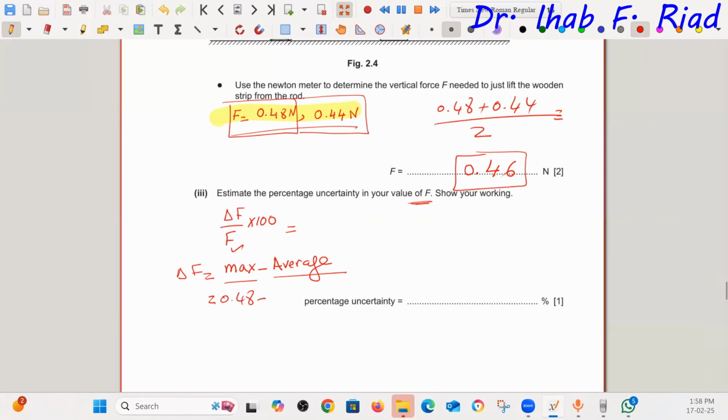What is the average? 0.46. So delta F is 0.02, divided by 0.46, multiplied by 100. We get something like 4.3%.